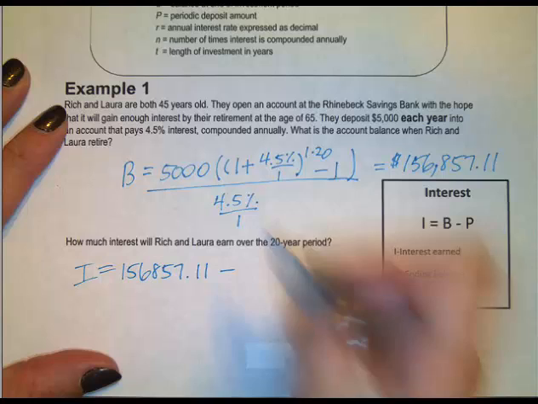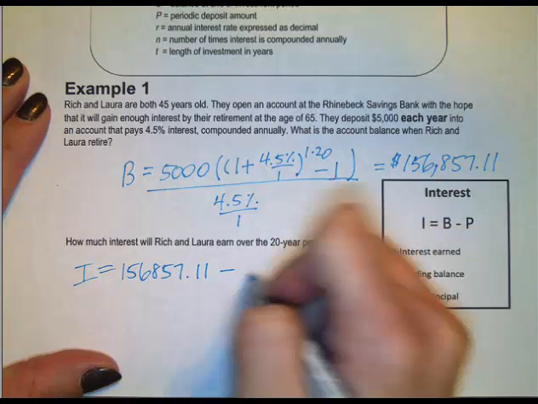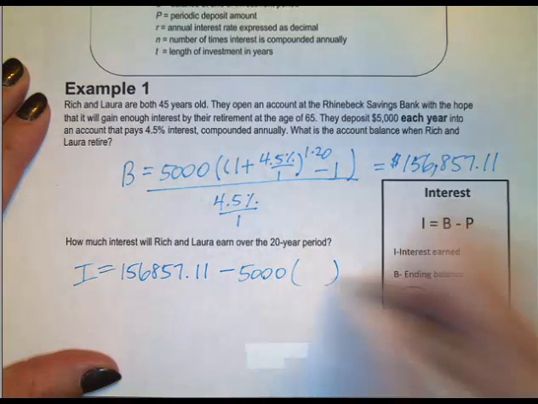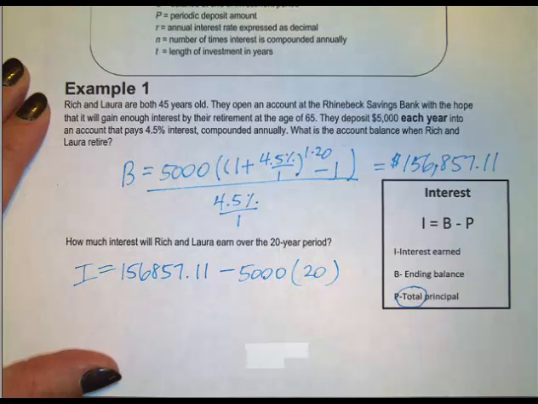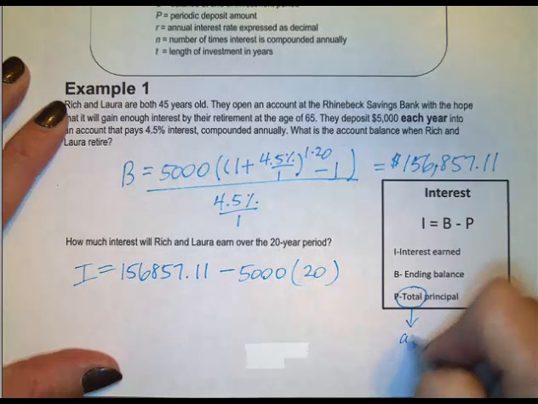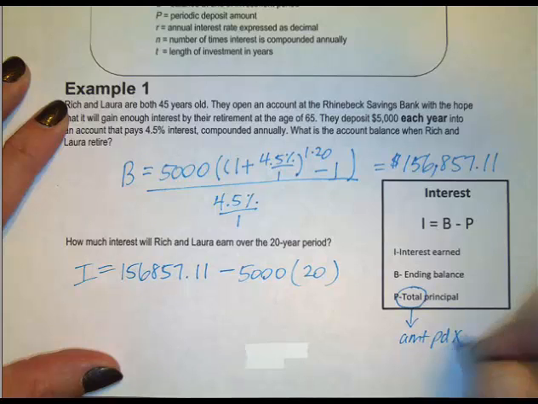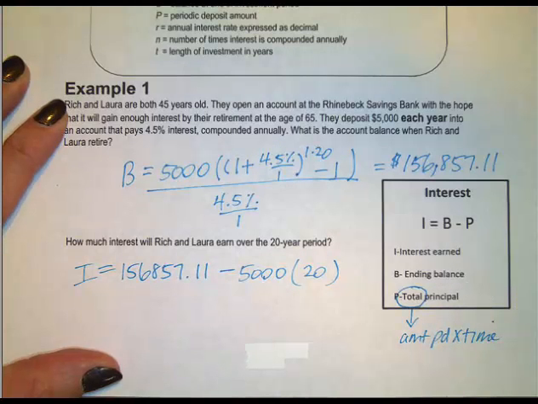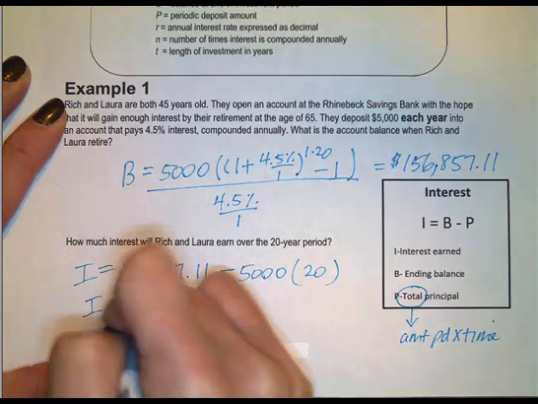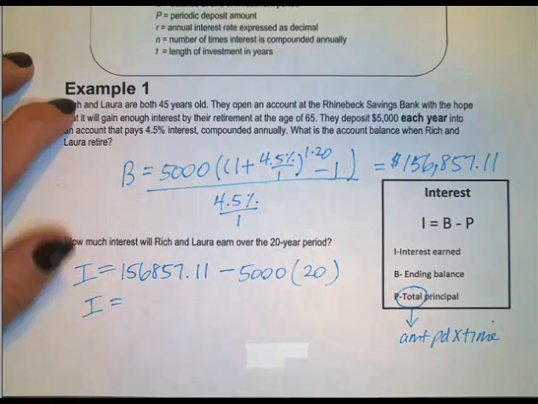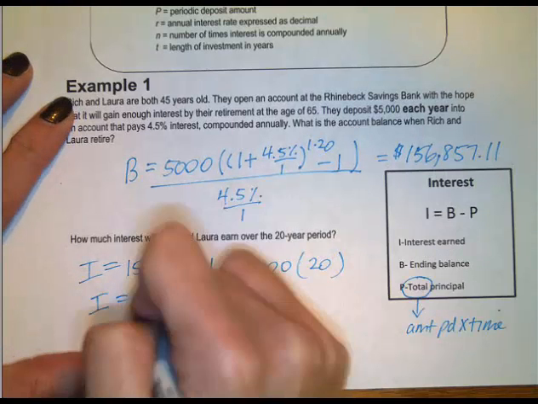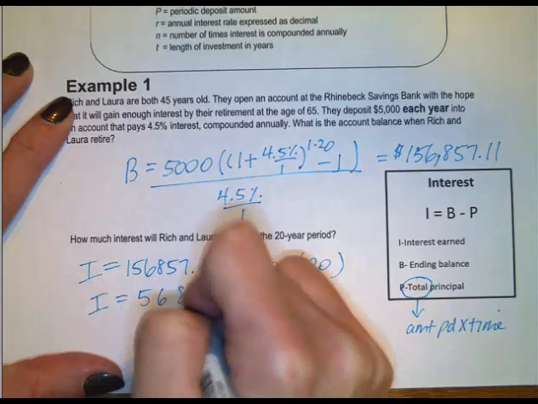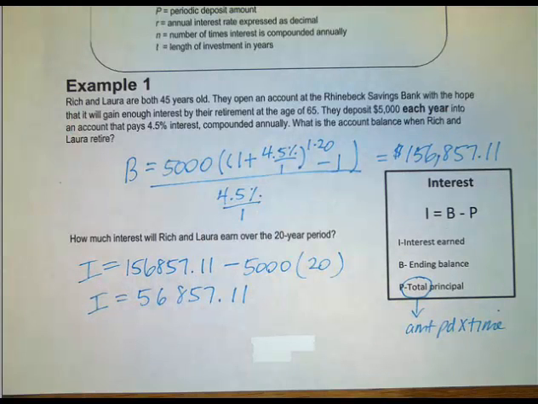So they paid $5,000 each year. Well, how many years was that? So that's why the total principal is the amount paid times the time. Okay? So you get interest equals 56,857.11. All right, next page.